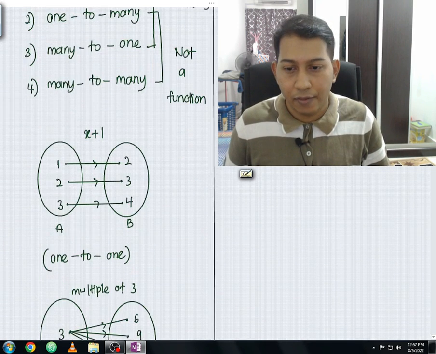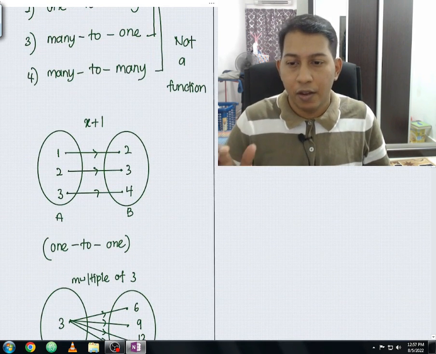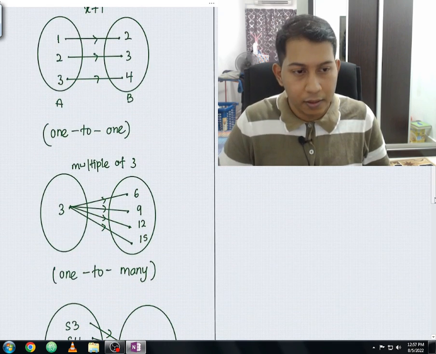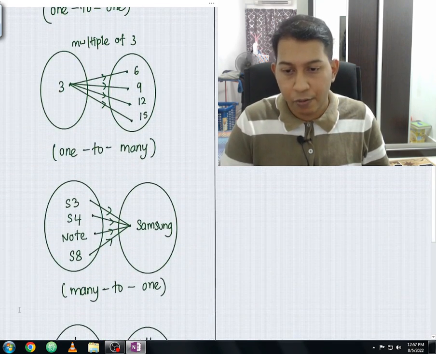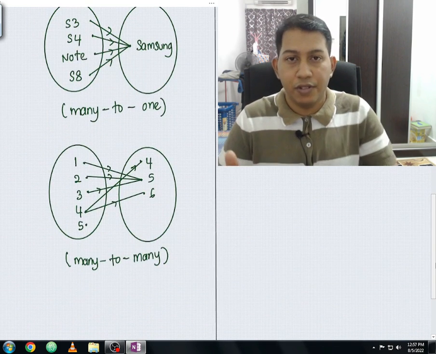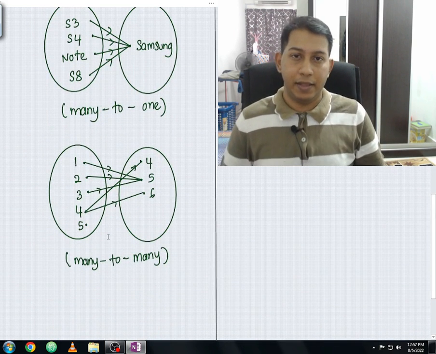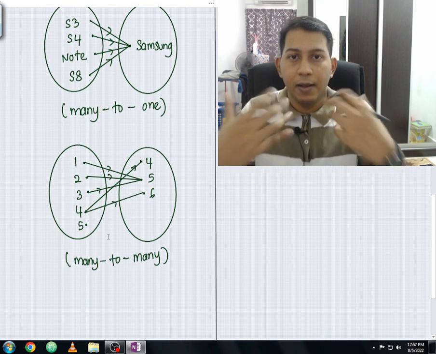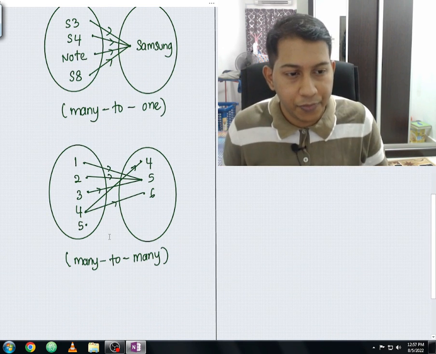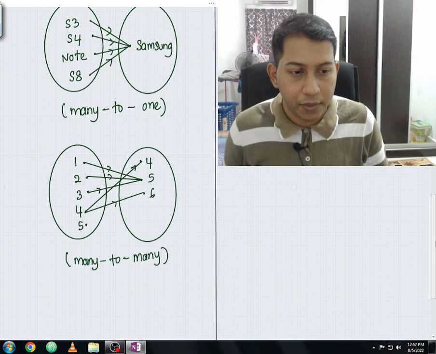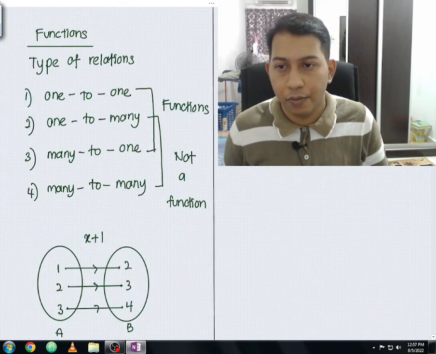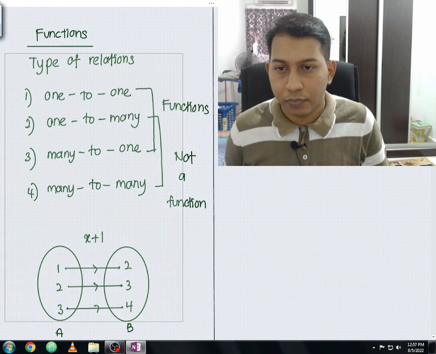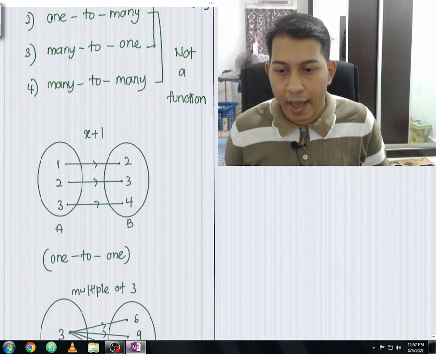And these are some of the examples of one-to-one, one-to-many, many-to-one and many-to-many using the arrow diagram method, which is easier for me to explain and easier to present visually. So this is the short recap that I wanted to tell you before we start our actual lecture today. Let us quickly jump to the examples.